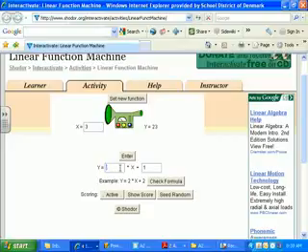Maybe times 7 plus 2. No? Try 1. Put in 1. Times 10 plus 3. One gives us an output of 3. I wish it kept track of your inputs and outputs on the side.